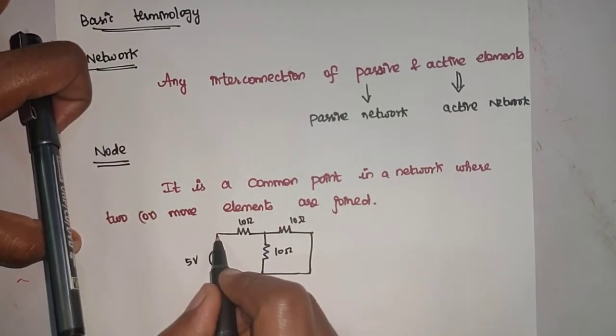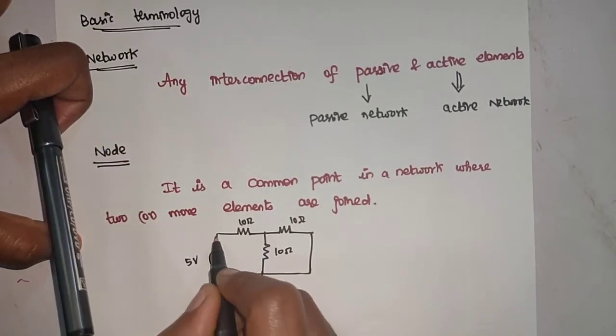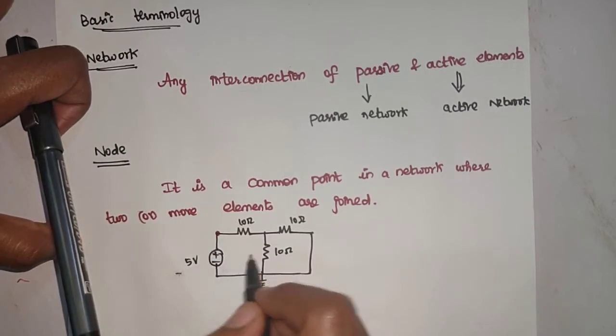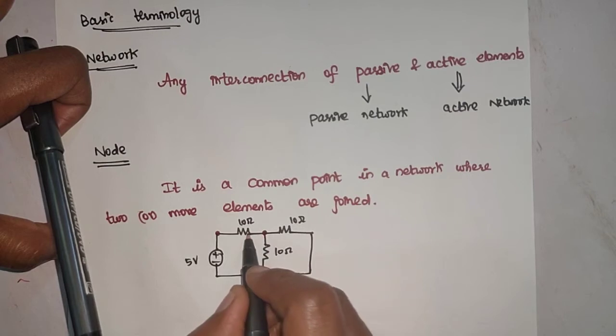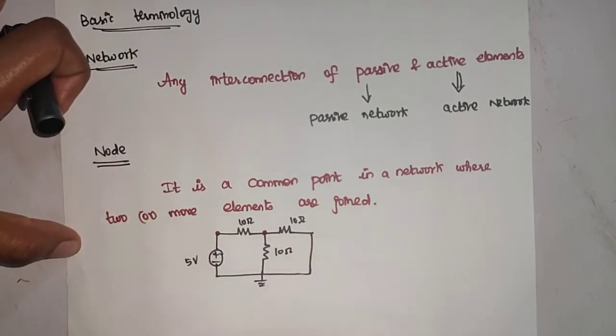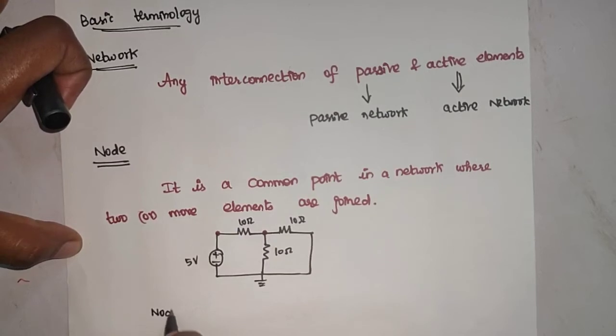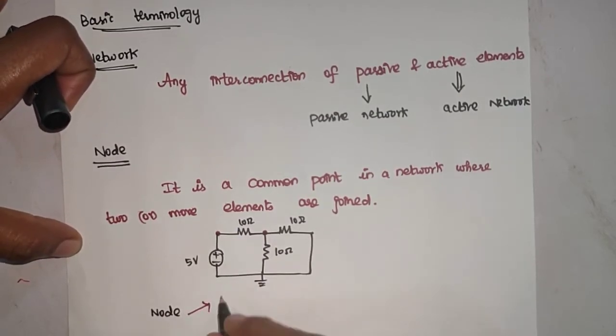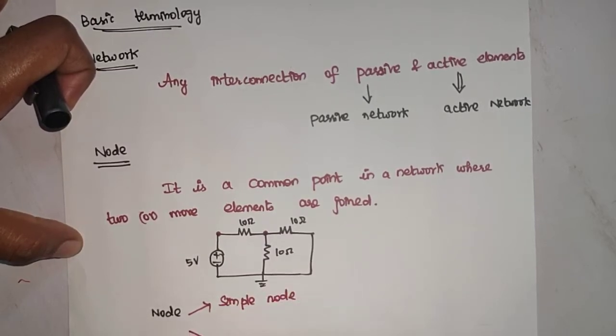Here there is a connection of voltage source and resistor. And here there is a connection for 3 resistances. There are two types of nodes. First node is simple node. Second one is principal node.